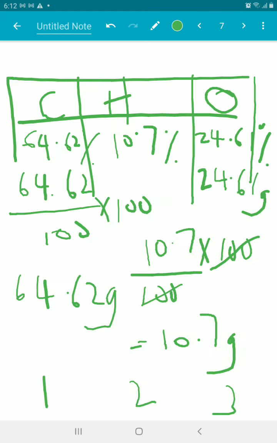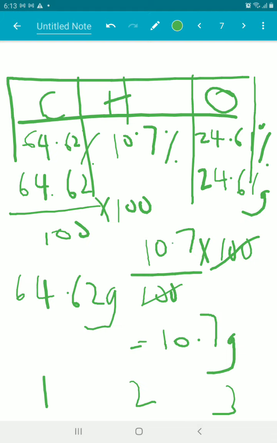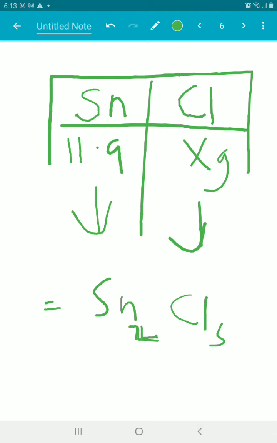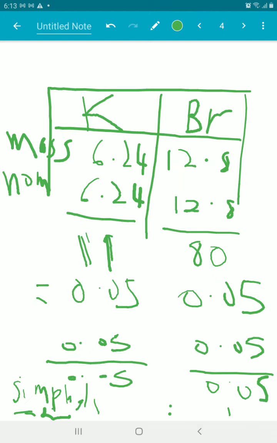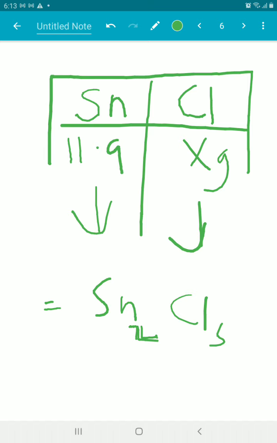Because the ratio for C is 1, the ratio of H is 2, and the ratio of O is 3. So the empirical formula is CH2O3. Okay, kalau awak tak faham, awak boleh repeat balik video saya. Awak boleh mula daripada sini yang saya tunjuk first kat sini tadi. Ini pun boleh juga.